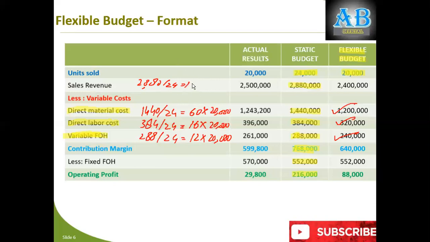So per unit sale price is 120 times 20,000, 2.4 million. So by subtracting all these figures, we got contribution margin. So this is the figure of contribution margin.